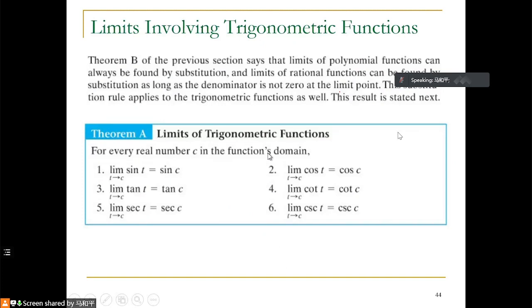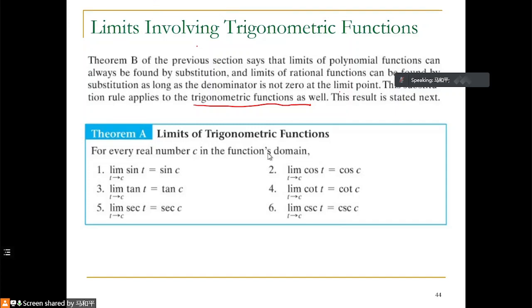Okay, and theorem B, which we learned before, is about the limits of polynomial functions. This means limits can always be found by substitution, and limits of rational functions can be found by substitution as long as the denominator is not 0 at the limit point. This substitution also applies to trigonometric functions. This result is stated next.